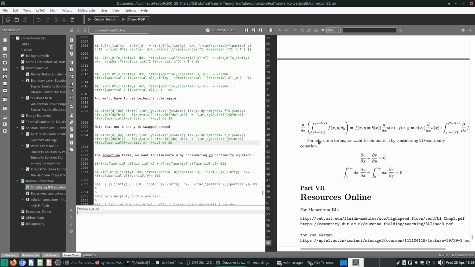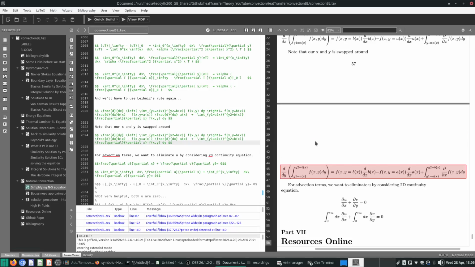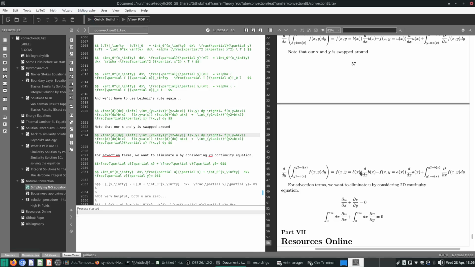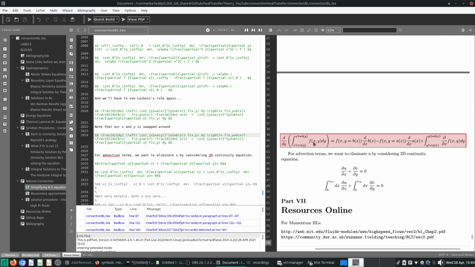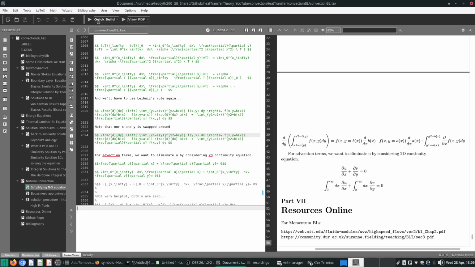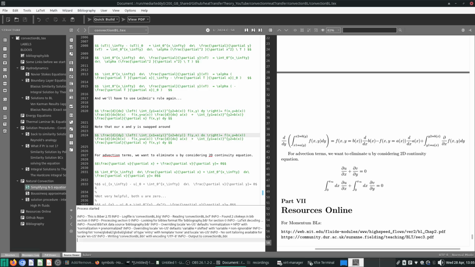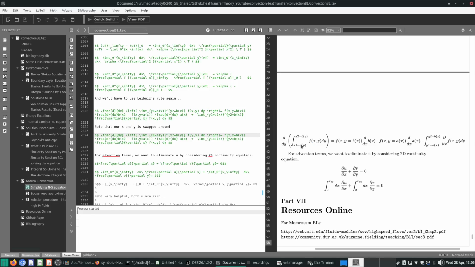So the d/dx will become d/dy. Then instead of substituting at y1 and y2, I'll substitute at x1 and x2. I will still have an f(x,y), or instead, of course, I can just swap it around for consistency. Okay, we are pretty much more or less done with the first term, the leftmost term.